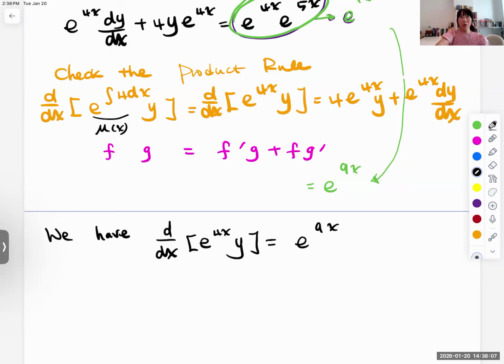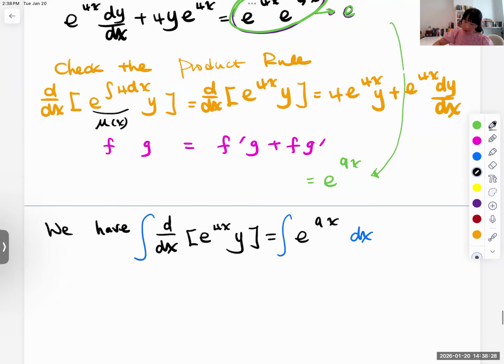We have a derivative and a y here, so we take the antiderivative of both sides.